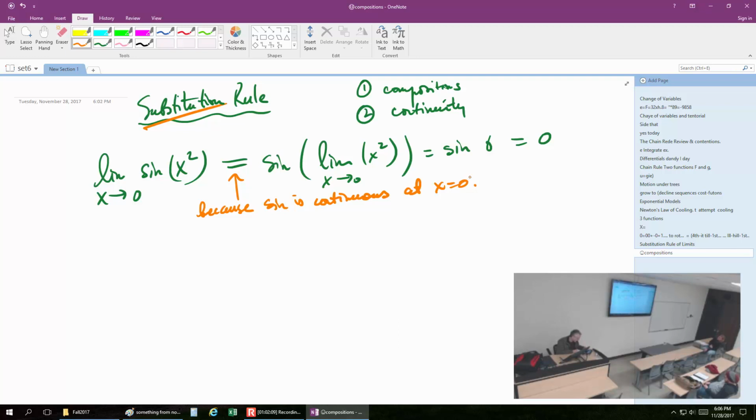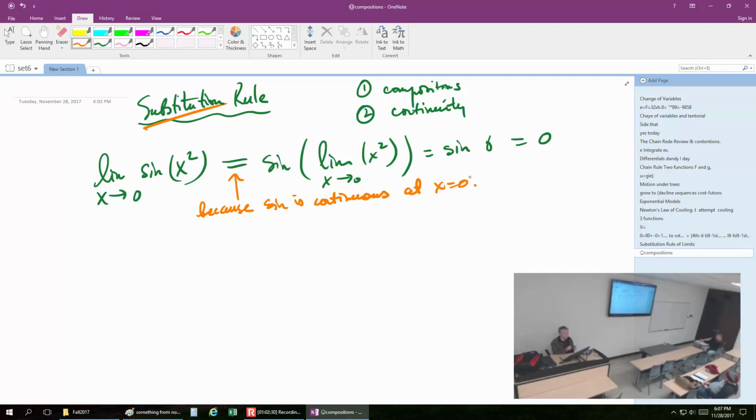Continuity is preserved under algebraic operations. Once again, as long as you don't divide by 0, you have addition, subtraction, multiplication, and division. Trig functions are continuous. Remember, they are pretty much shadows.